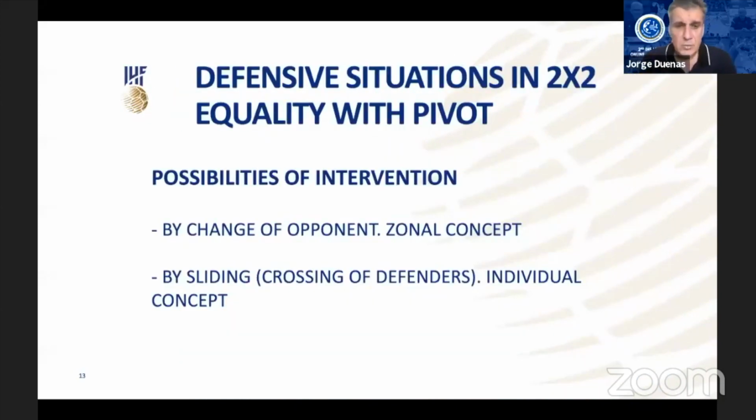Now I'm going to show you the situations 2 against 2, equality with pivot. In this case, we have two possibilities. Try to defend 2 against 2 by change of opponent with a zonal concept, and the other possibility is by sliding, crossing of defenders with individual concept.